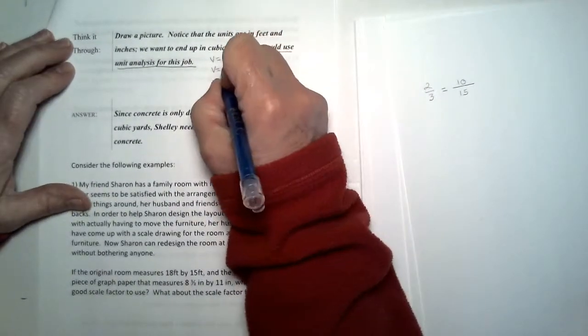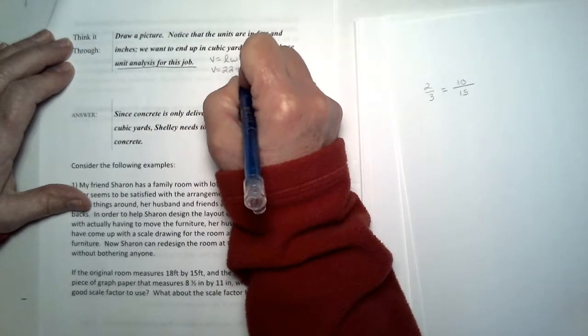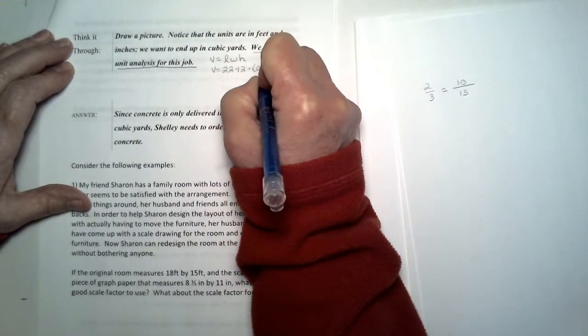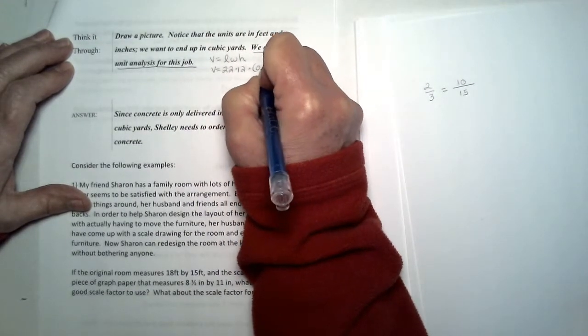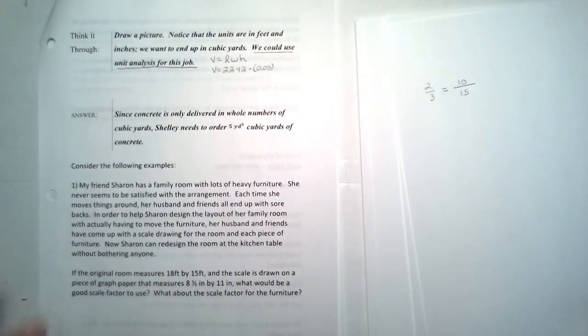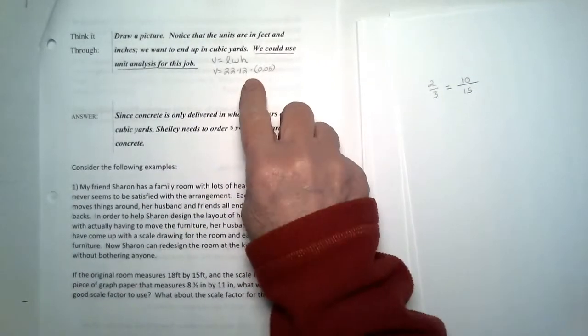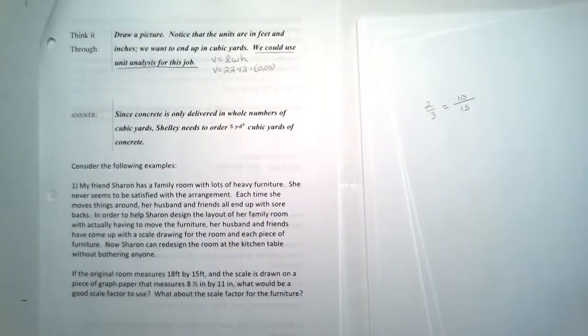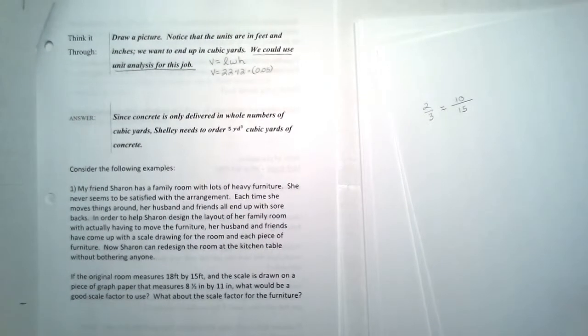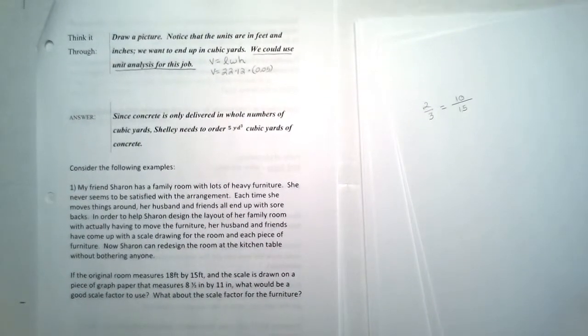22 times 12 times 0.05. And I might say, well, Kathy, how come you went ahead and put that in parentheses? And it's because I have multiplication signs here and a decimal point here. And I'm going to get my calculator out. And we'll multiply this together.